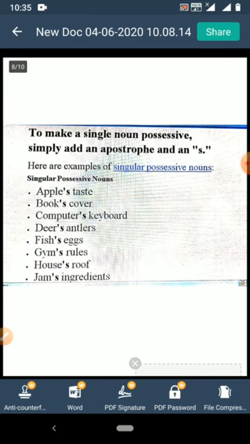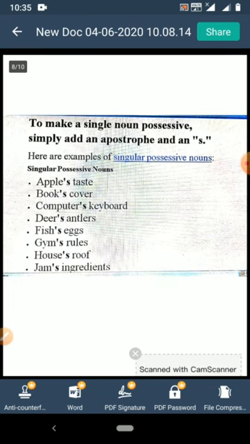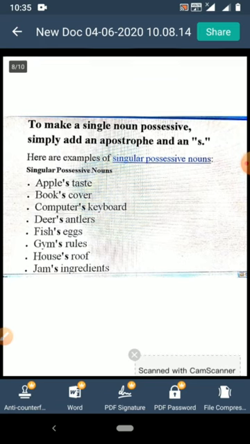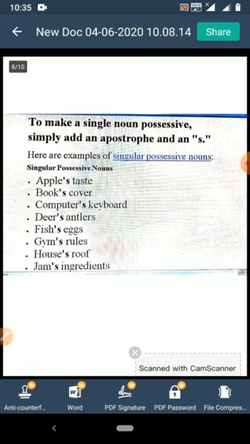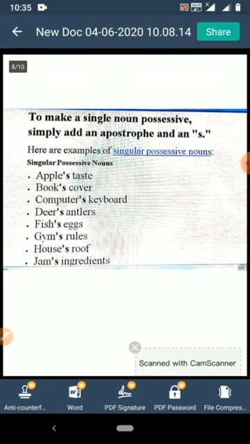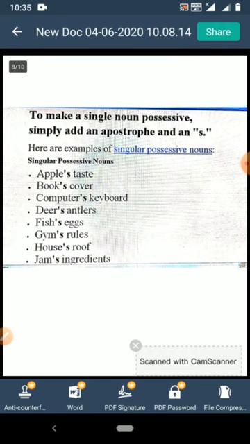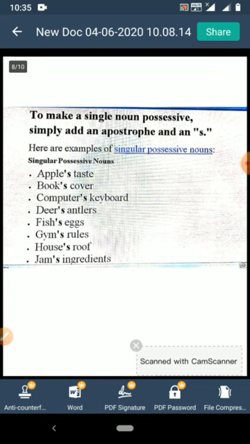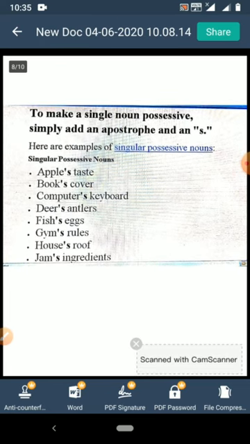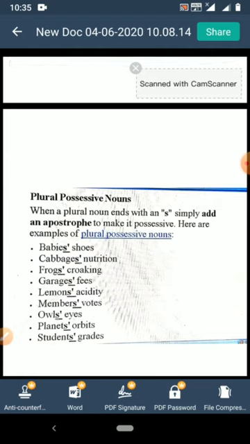Here, if the fish is singular, we put an apostrophe after fish followed by S. Jim's rule. After Jim, apostrophe and then S. House's roof. Again, whose roof? House's roof. So you put the apostrophe after the word house followed by an S. Jam's ingredients. Whose ingredients are we talking about? Jam's.